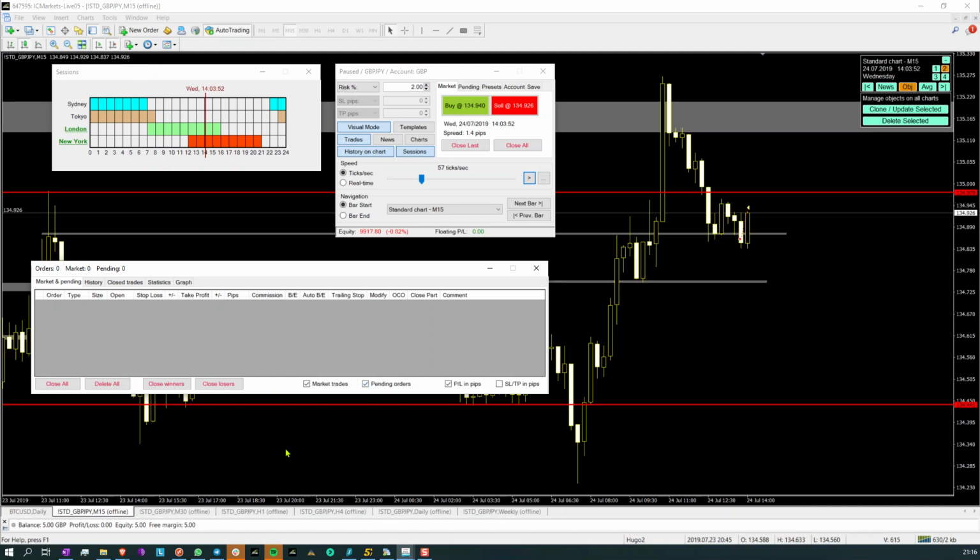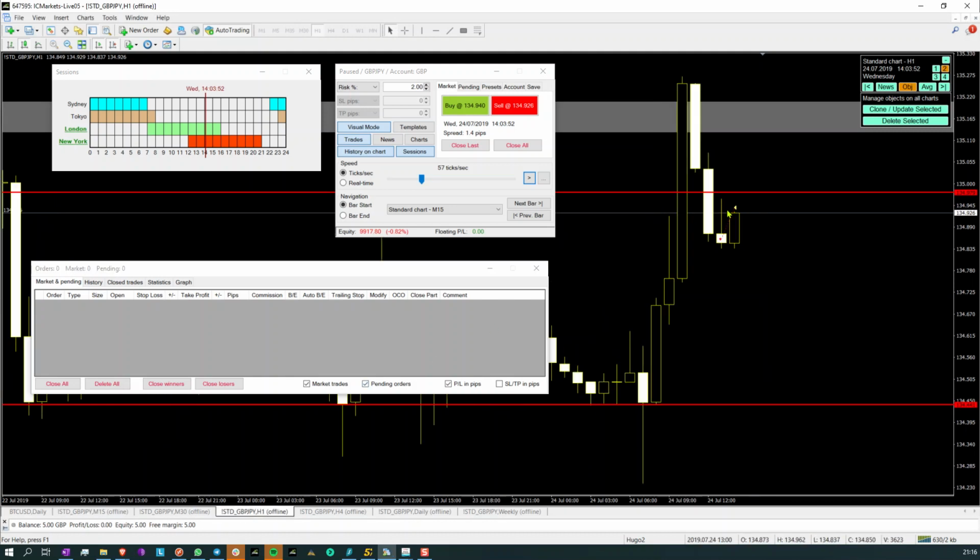And now I want to take the 1 hour, so I'm putting less sticks, trying to get it. It's good enough, it's like 0.1 pips of difference. So, okay, I'm buying.